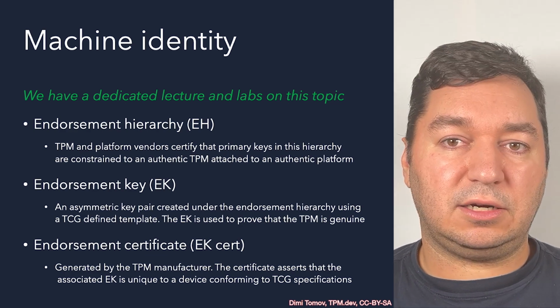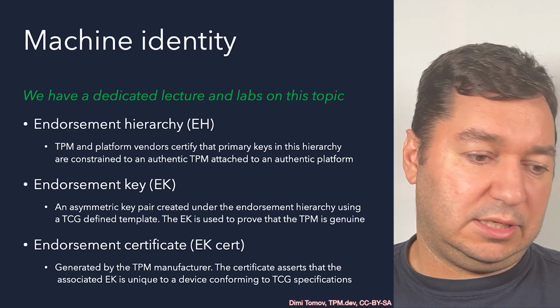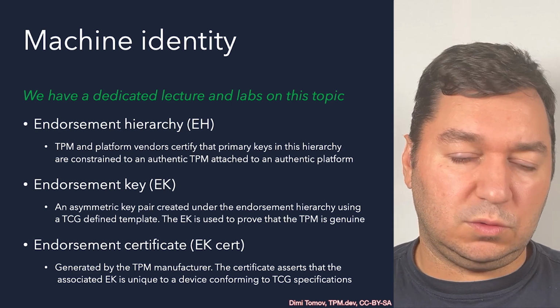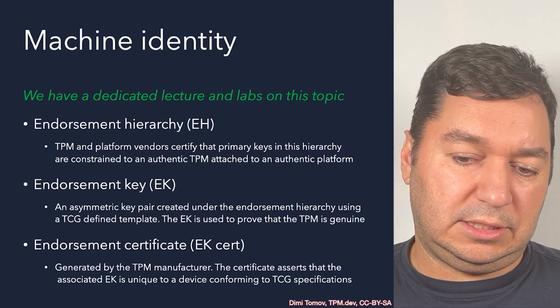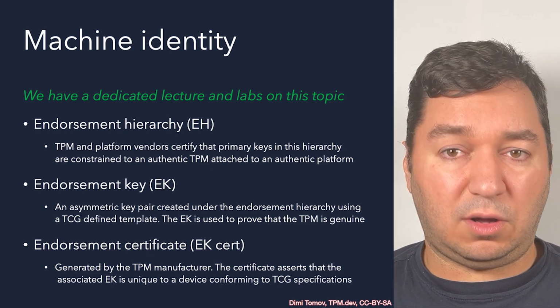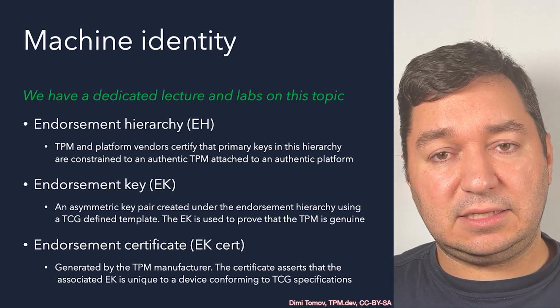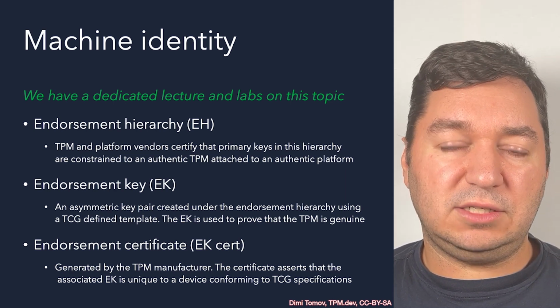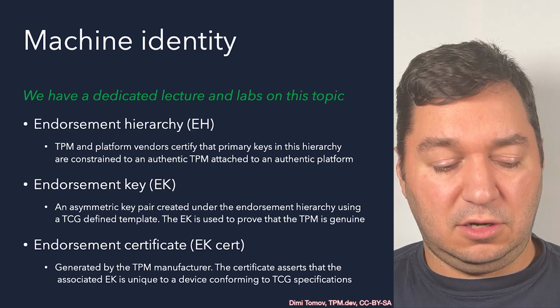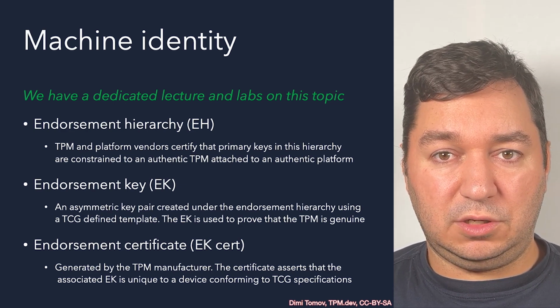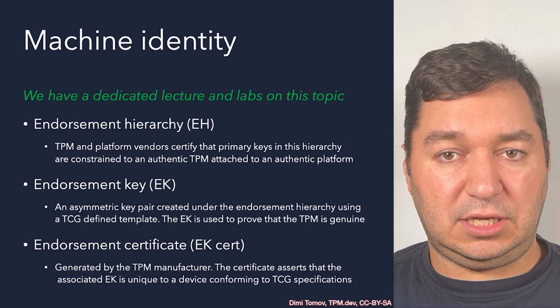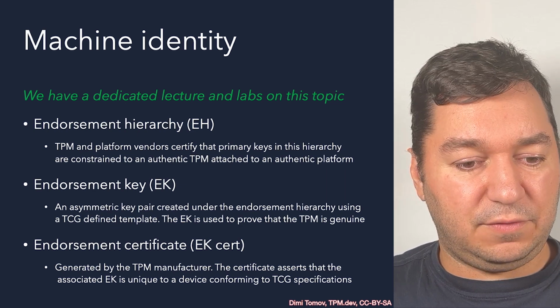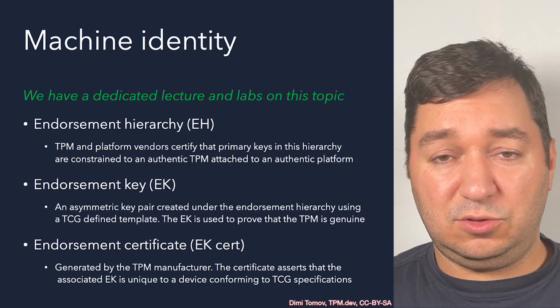Then we have the owner hierarchy, which we used a lot in the first course, and this is typically what you use throughout the lifecycle of a device, throughout your application. But in some cases, like with machine identity, the endorsement hierarchy provides us a bind, a link from the TPM to the vendor, thus establishing trust. And from there, we have something called the endorsement key.